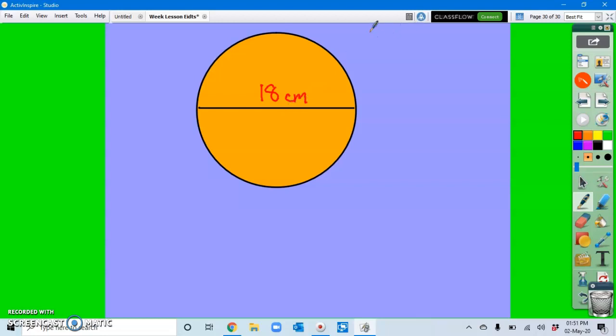So we're going to use again our formula, C equals 2 pi r. To find the radius, we have to divide the diameter by 2. 18 divided by 2 equals 9. So your radius is equal to 9 centimeters.